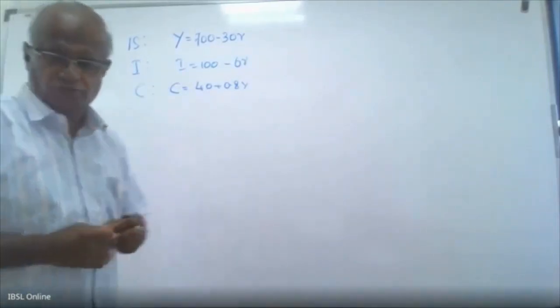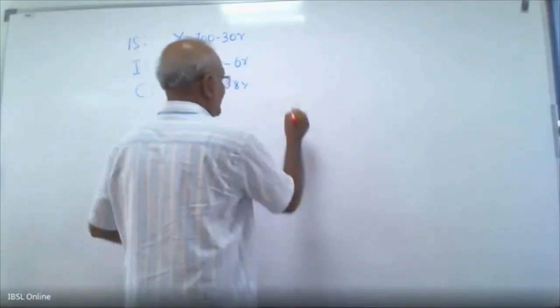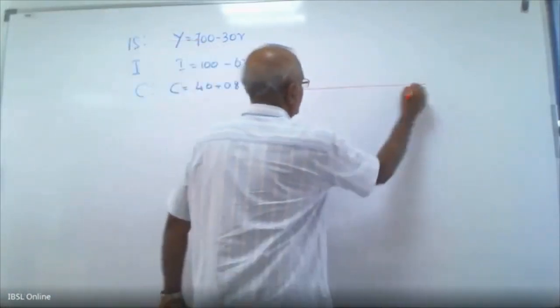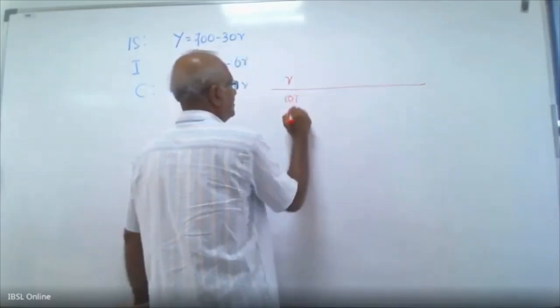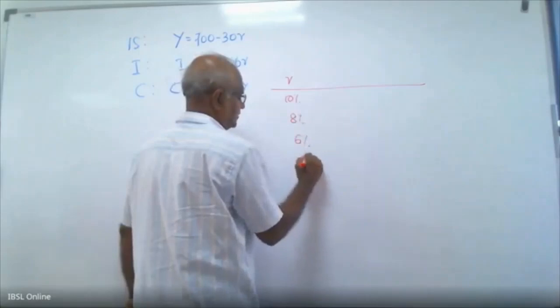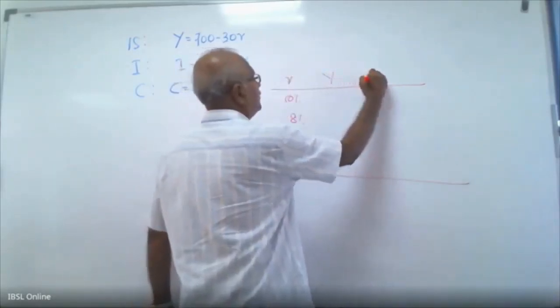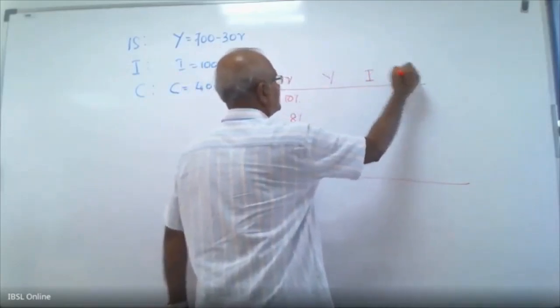Now we will calculate at different interest rate levels: 10%, 8%, 6%, 4%. Calculate income, investment, savings.